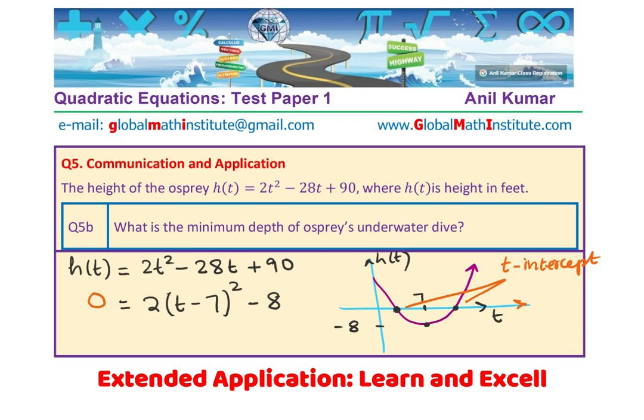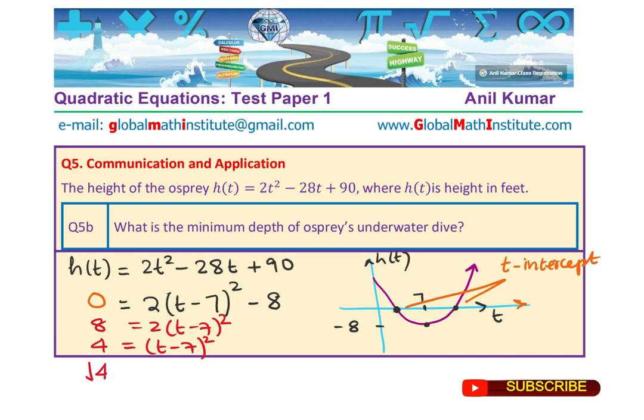We can bring 8 to this side, right? And then divide by 2. So we have 2 times (t minus 7) whole squared equals 8. Dividing by 2, we get 4 equals (t minus 7) whole squared. And then we can square root it. So when you square root 4, you have to write plus and minus. The square root of 4 is plus or minus 2.